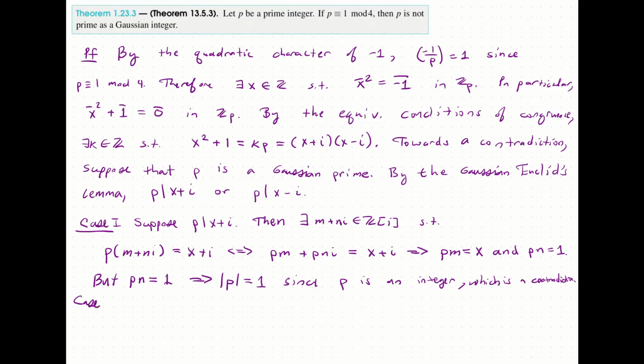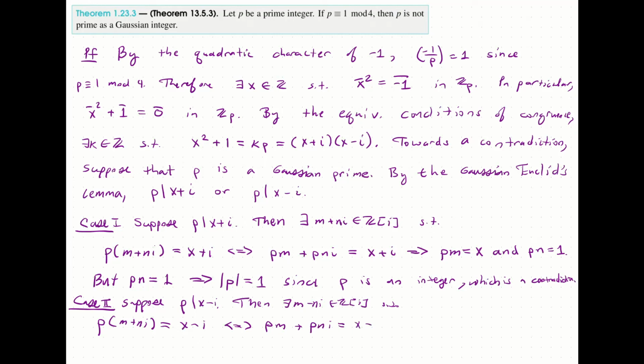And similarly, if we do case 2, now we suppose that p divides x minus i, the same argument will tell us that there exists some m minus ni in the Gaussian integers such that p times (m minus ni) is equal to x minus i, which tells us pm plus pni equals x minus i, which in turn tells us that pm is equal to x, and pn is equal to negative 1.